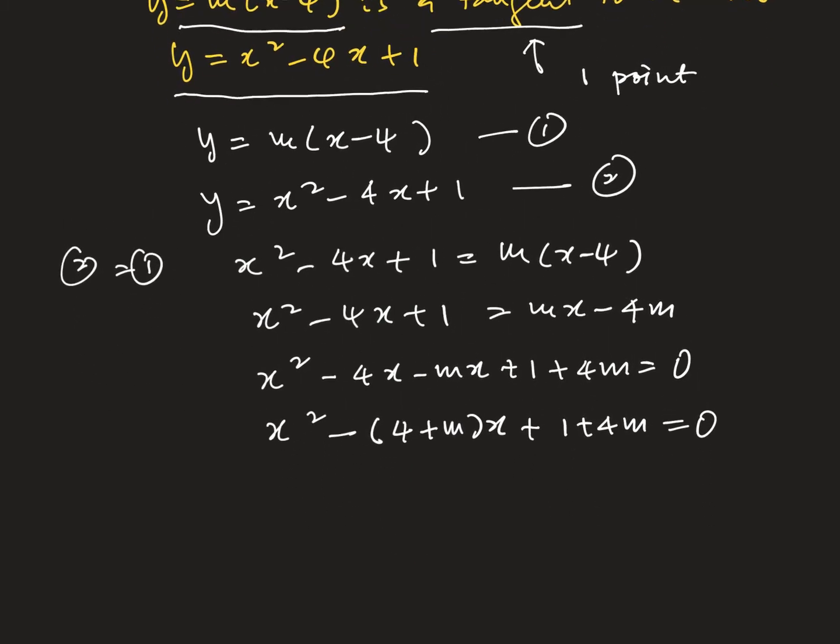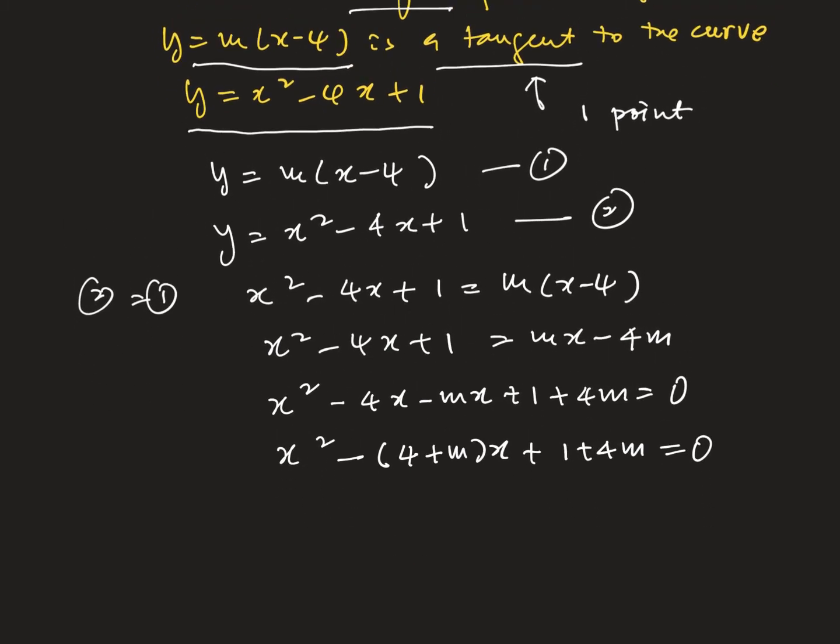Since the straight line is a tangent to the curve, we know that the discriminant b squared minus 4ac is equal to 0, meaning it meets at one point only, that is, one real root.